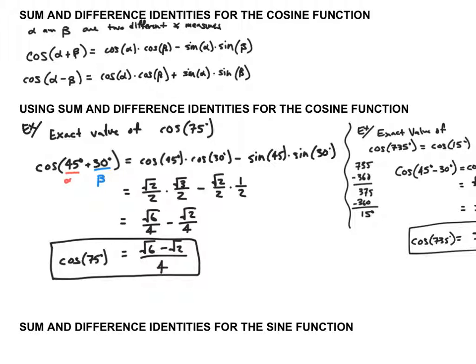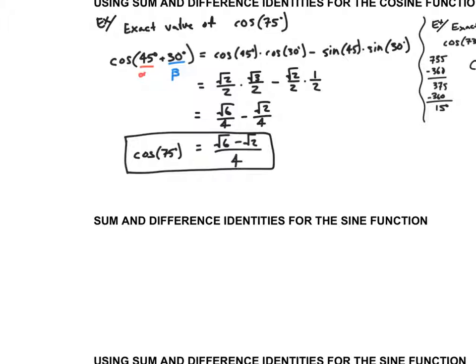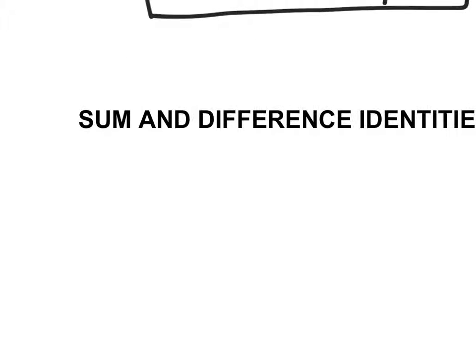All right, so let's talk about the sum and difference identities for the sine function. Again, we have the same idea where alpha and beta are both angle measures.